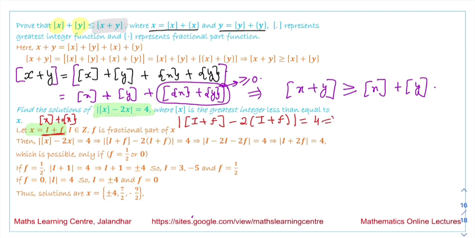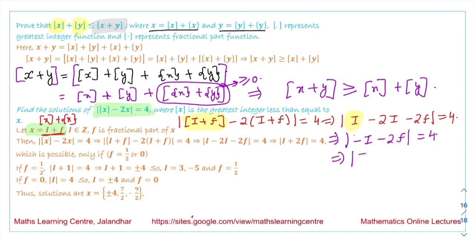So this implies mod of I minus 2I minus 2f is equal to 4, because the greatest integer of I plus f is equal to I. So this implies the greatest integer of I plus 2f, and why is it I plus 2f, in place of this first we are writing minus I minus 2f, is equal to 4.